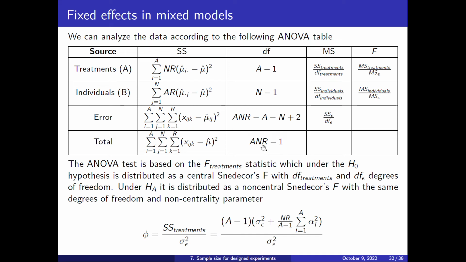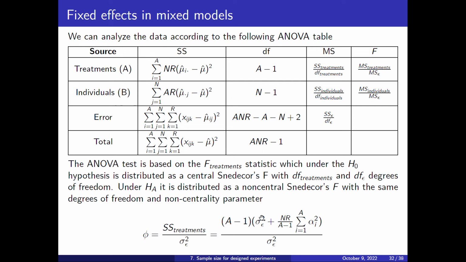And then we have to compute the sum of squares of the treatments, these ones that we are interested in. And again, it has to do with this covariance that we had. So we have the variance of the noise plus, this is the number of times that each one of the treatments is measured, and then times this, and then times this one.